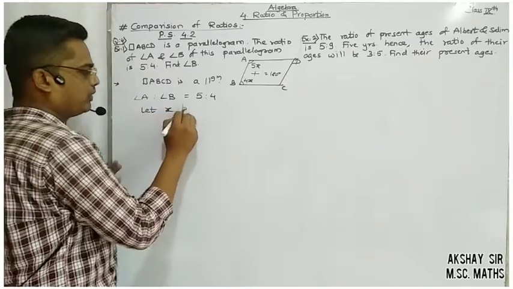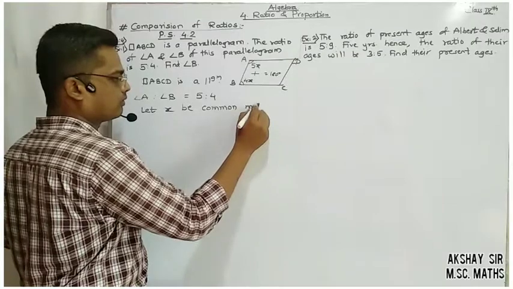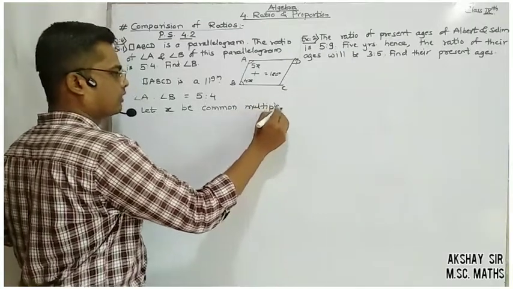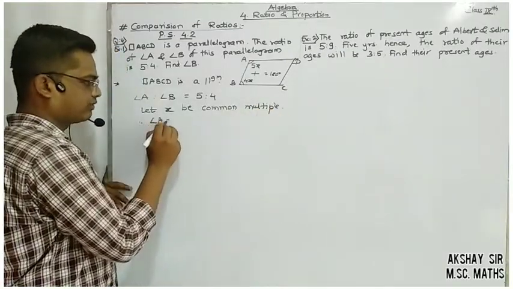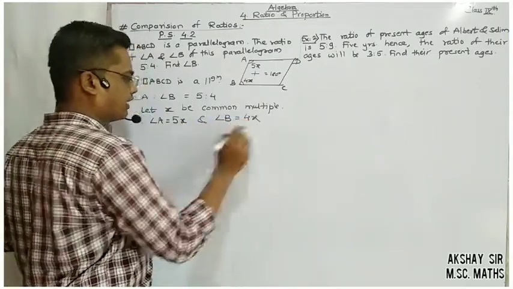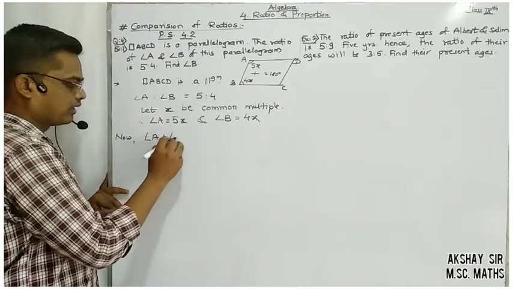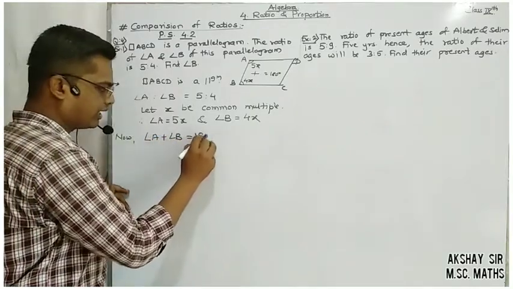Let x be any common multiple of the ratio. Therefore, we get angle A is equal to 5x and angle B equals 4x. Now, let us take angle A plus angle B equals 180 degrees.